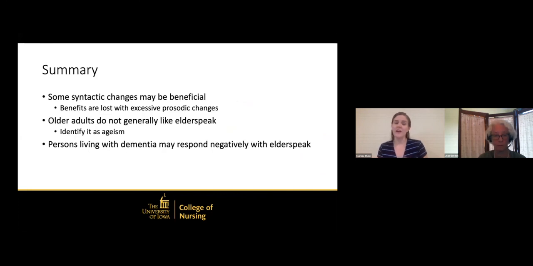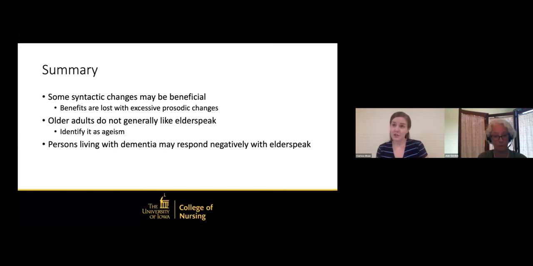So to summarize what Dr. Gordon and I have talked about today, some of the syntactic changes of elderspeak are beneficial. That's providing that accommodation to an older adult. However, the benefits of those changes might be lost with excessive prosodic changes. In general, we can say that older adults do not like elderspeak.